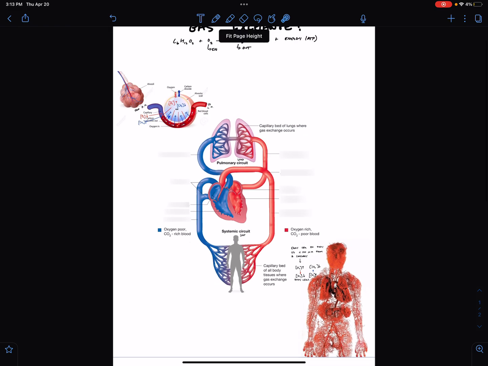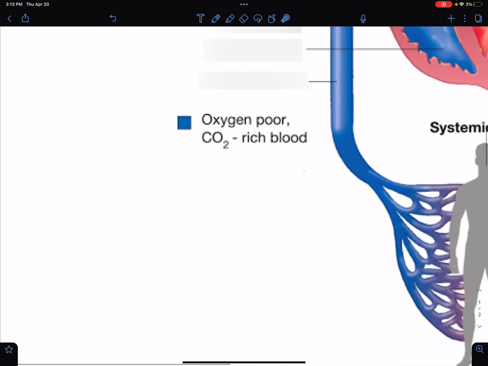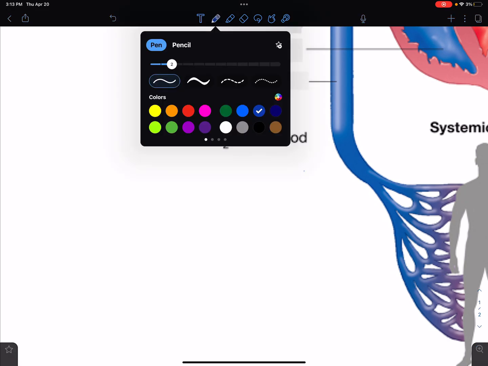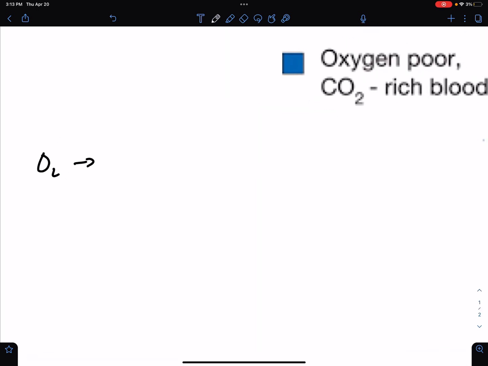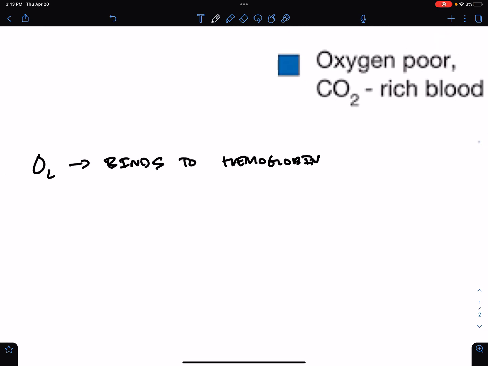Okay, something else you need to know is a bit about how O2 and CO2 are carried in the blood. Oxygen is transported by binding to hemoglobin, which is a protein that your RBCs, which are your red blood cells, are full of.